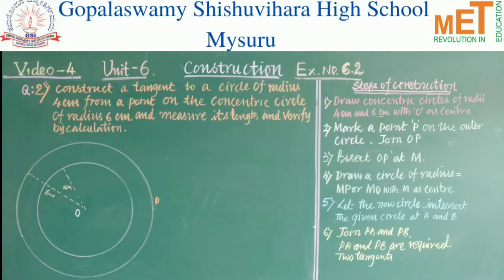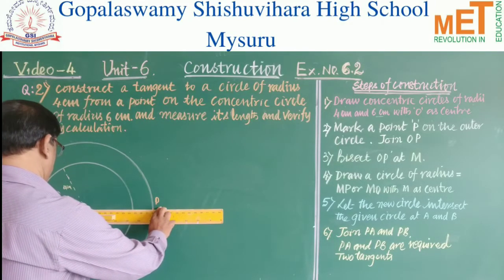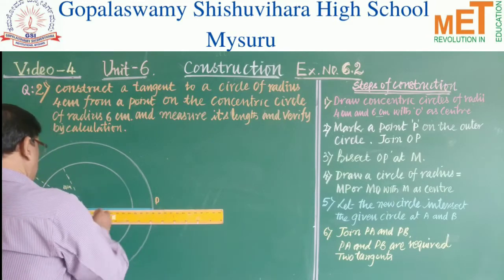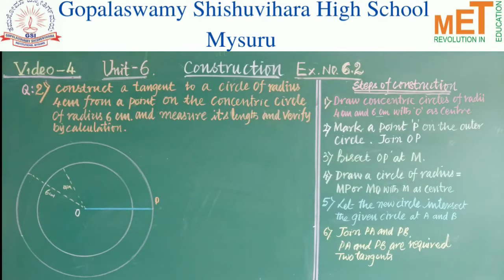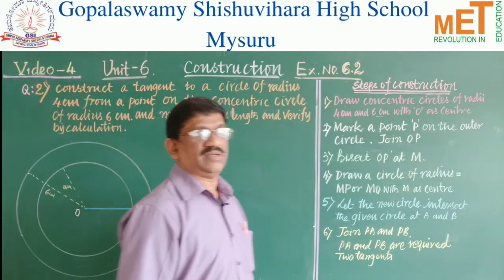So I am joining O and P. Join OP. Now what we have to do, children, here? The third step is bisect OP.